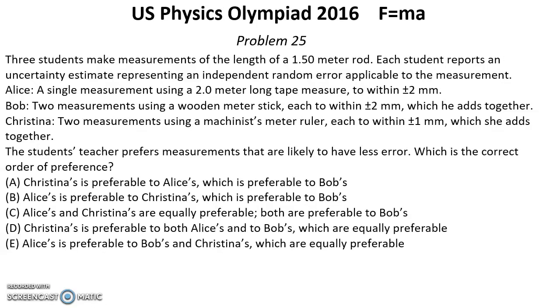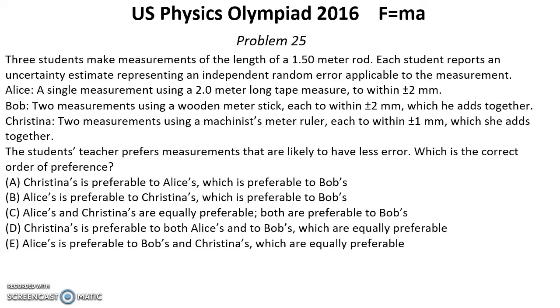Problem number 25. Three students make measurements of the length of a 1.5 meter rod. Each student reports an uncertainty estimate representing an independent random error applicable to the measurement. Alice: a single measurement using a 2 meter long tape measure to within ±2 millimeters.